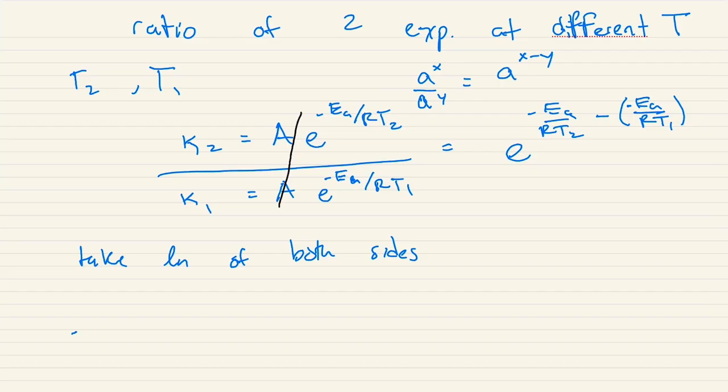So we get k2 over k1 is equal to EA over R times 1 over T2 minus 1 over T1. Right, so activation energy is the same, so I can pull it out of the expression up there, and R is the same. Ideal gas constant is just a constant, activation energy is a constant.